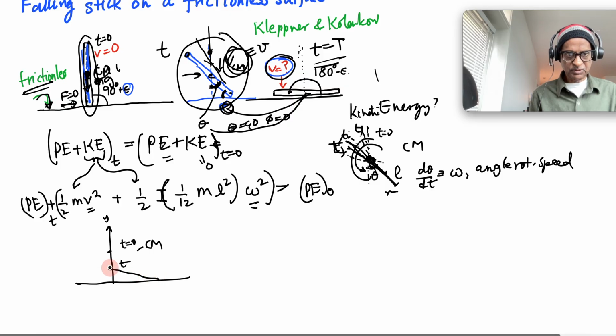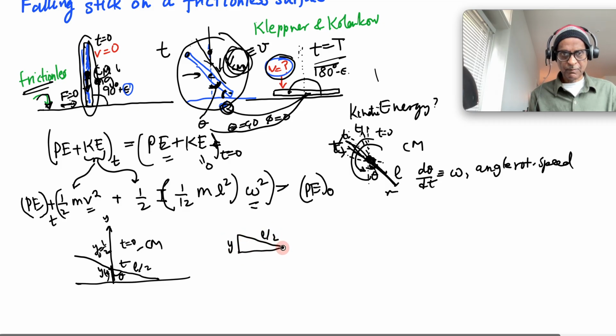Half of the L over 2 is this way, half of the L over 2 is that way. This angle is theta, and this is L over 2 this way. Let's call this axis y0 equals L over 2, and this is y of t. So this much is y. We have a y, and we have L over 2, and we have a theta.